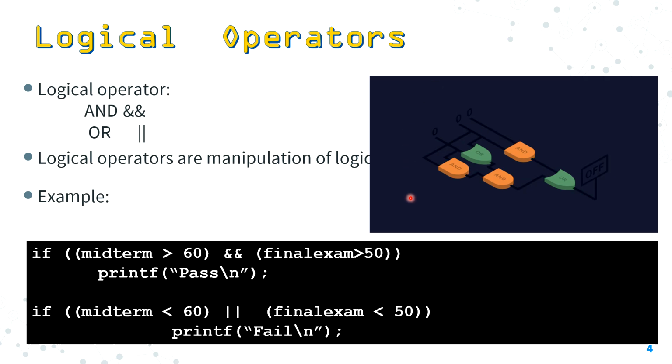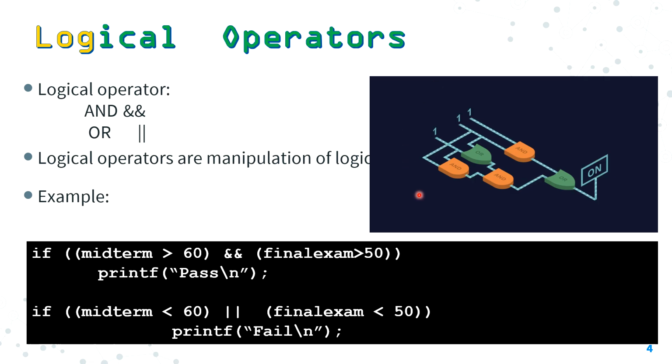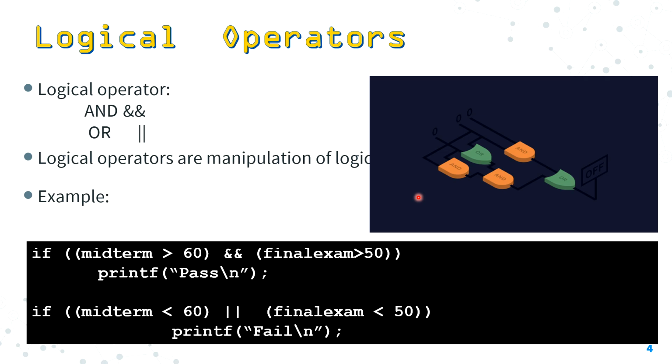Logical operators are essentially the manipulation of logic. In C, the two main logical operators we use are AND, which is typed with two ampersands like this, and OR, which is typed with two vertical pipes. So let's look at the first example on the slide.